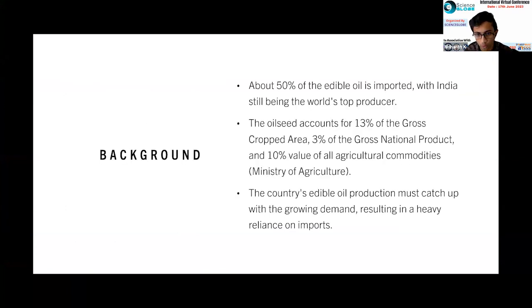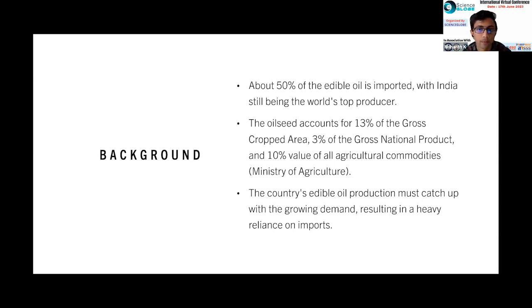First of all, I would like to provide some background about the oilseed and edible oil scenario in India. India is one of the world's top producers of edible oil. Oilseed accounts for around 13% of the total cultivation area and around 3% of the GDP, and it provides 10% value to all agricultural commodities.